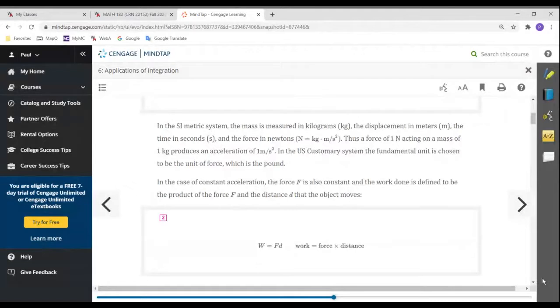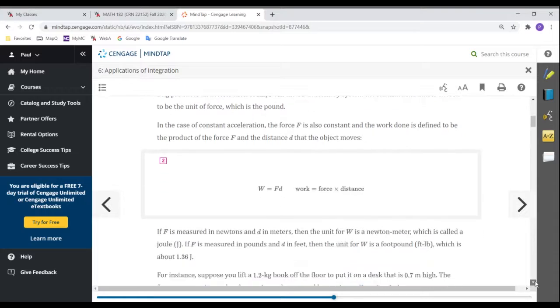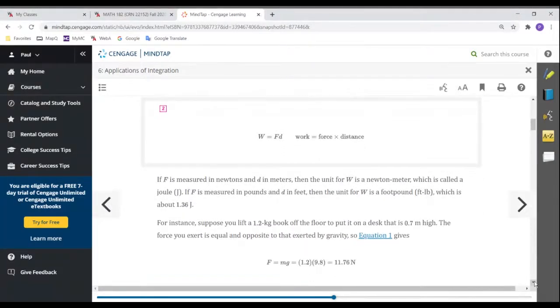The way work is defined is it equals force times distance. So in order to do work on an object, you apply a force to the object, but the object has to move a certain distance. If the object doesn't move a certain distance, you haven't done any work on it.